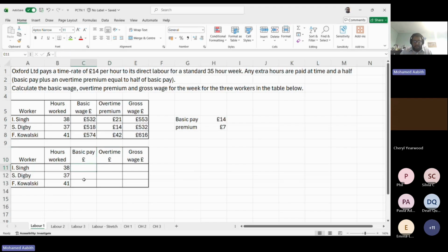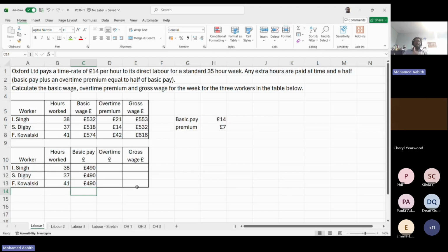So here it equals 35 times that number. That is your contracted hours. Is that going to be any different for anybody? No. It's going to be exactly the same amount for this calculation. So 35 times the number, and it is going to be £490 basic pay.